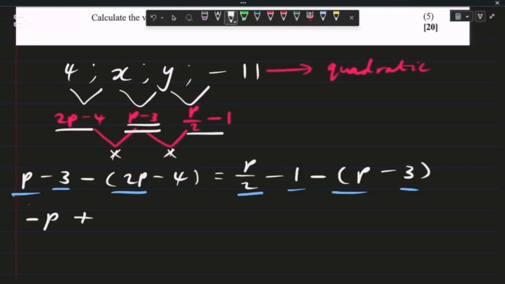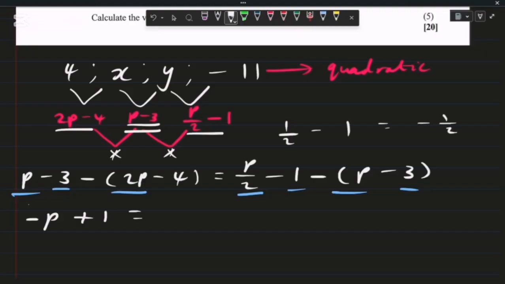Then we have p over 2 minus p. If you have 1 over 2 minus 1, the answer is minus 1 over 2.